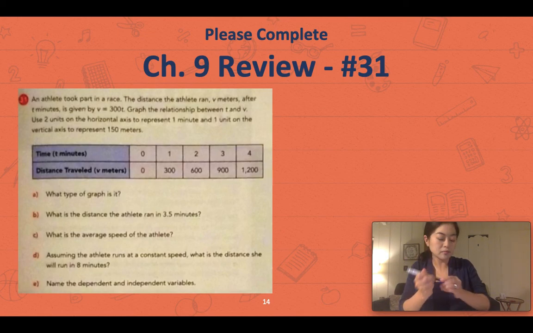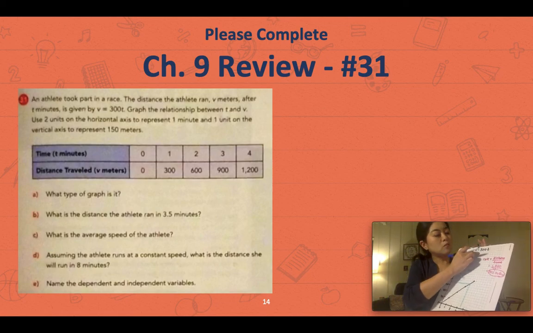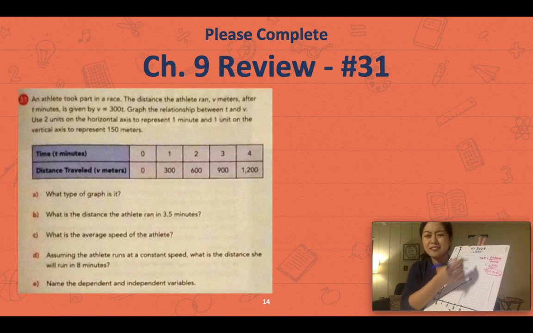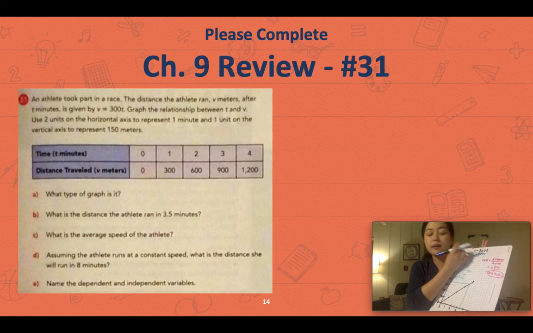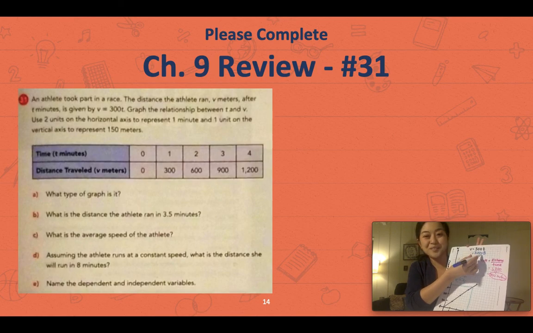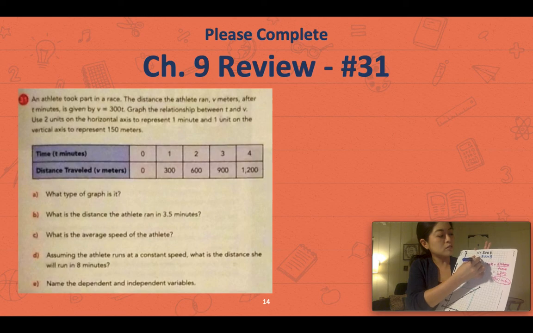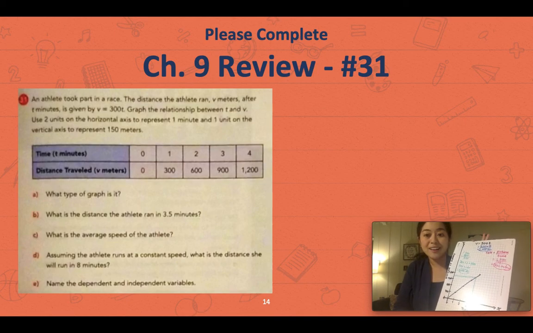Okay, so what is V when T is equal to 8? Did we learn that a dot means multiply? I don't remember. I can just put an X for multiply. 300 times 8. Okay, so that's not a variable, it's a multiplication sign. Okay, then this is equal to 2,400 meters.